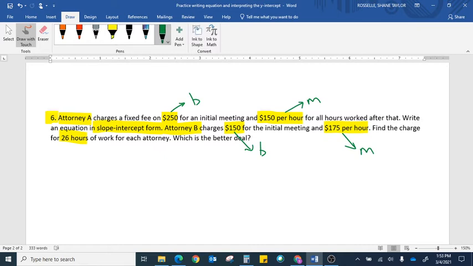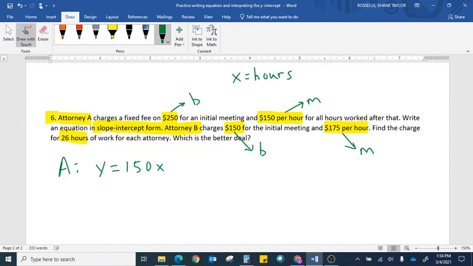Okay, so now we're going to go ahead and set the equations up, and we're going to say attorney A has, we're putting it in slope-intercept form, so y is going to be my cost. Y equals 150 times x, and x is going to be the hours.